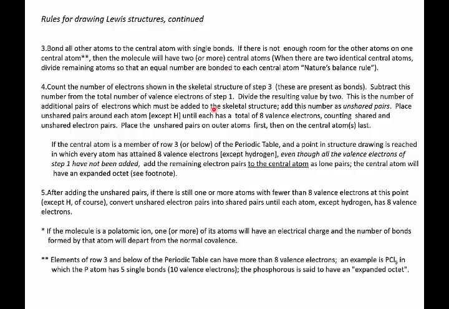You would then, in your skeletal structure, count the number of electrons that you have and subtract from the total number of valence electrons. That tells you how many electrons you have to add to finish the molecule. Well, those added electrons are going to be added as unshared electron pairs. You add them first to the outer atoms, and work your way towards the central atom.